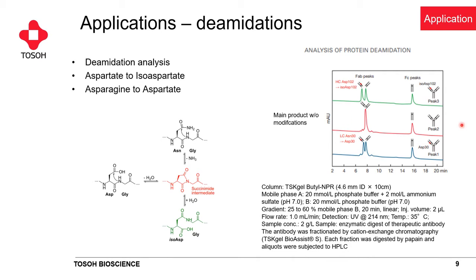Of course, we also have our non-modified sample, and there we basically have just one peak that elutes where we expect our Fab parts to elute. And in the last fraction, we again see two peaks, as one of our Fab parts has a modified aspartate to asparagine in the light chain.